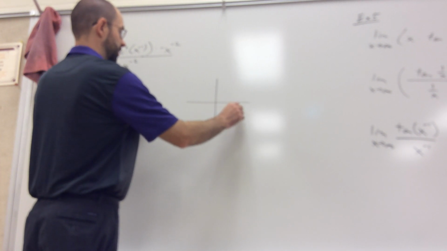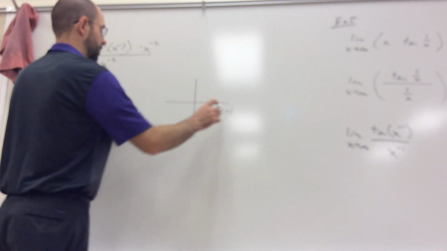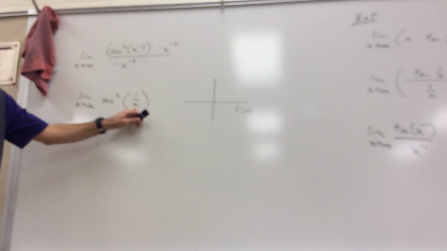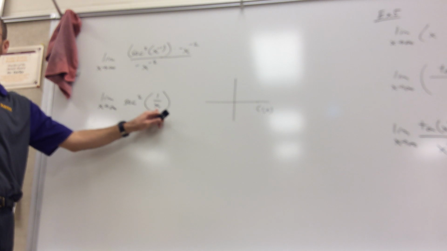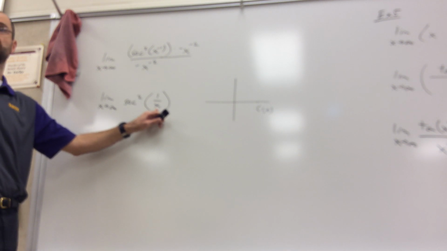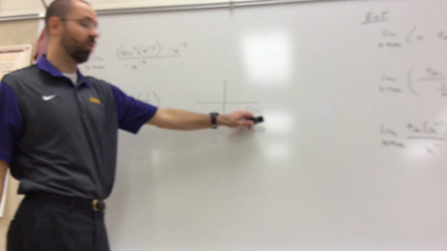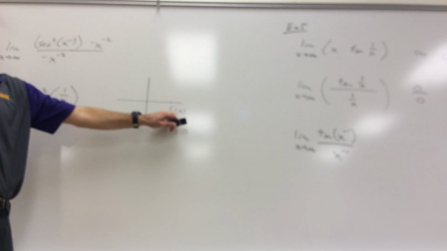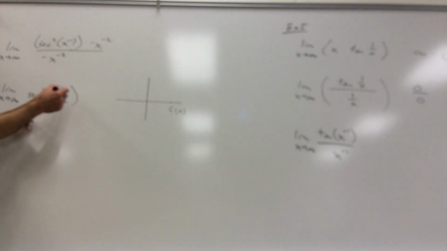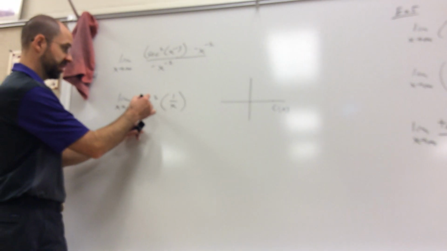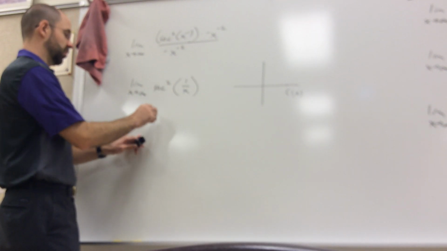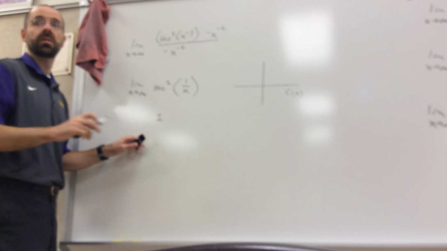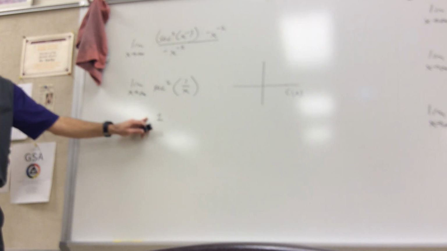So we're close to 0. Secant is 1 over cosine. And the cosine of 0 is 1. So if this is getting close to 0, then this is getting close to 1. And then 1 squared is 1. So answer to this limit is 1.